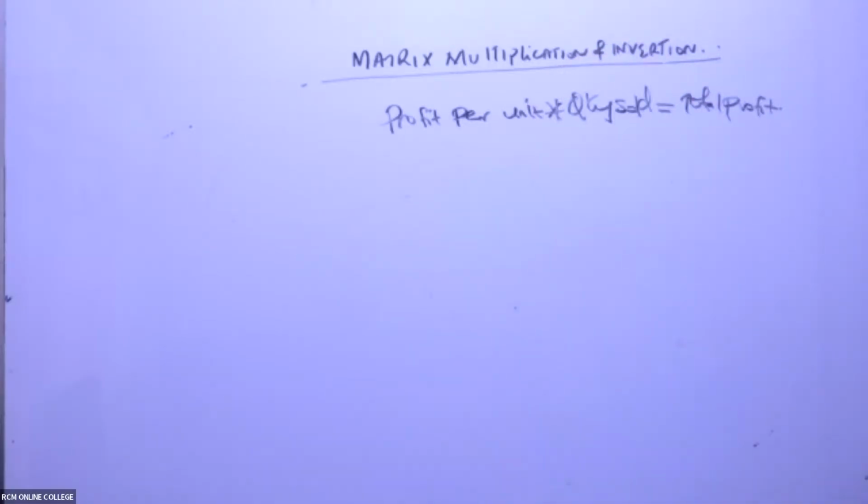So if they want me to give them total profit, I will take profit per unit times quantity sold.